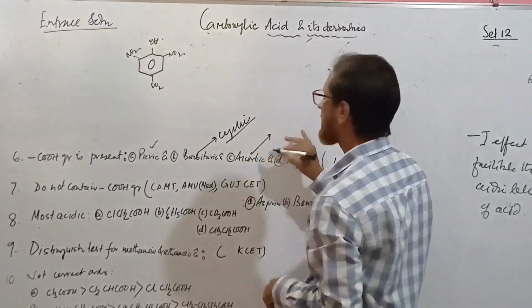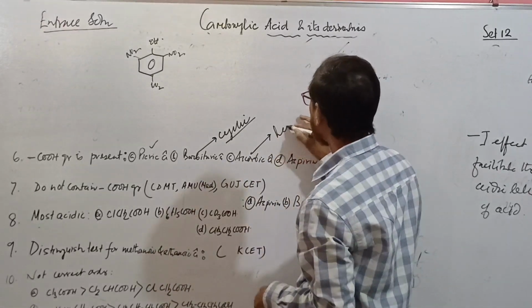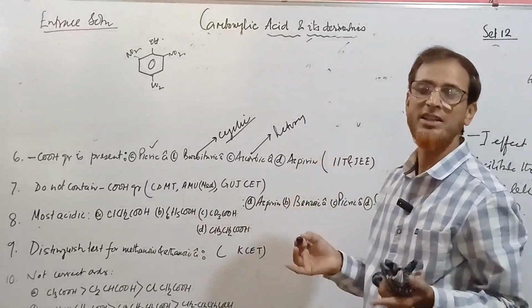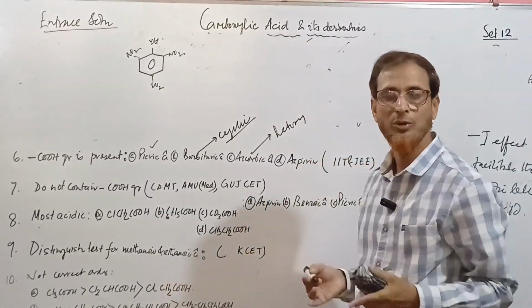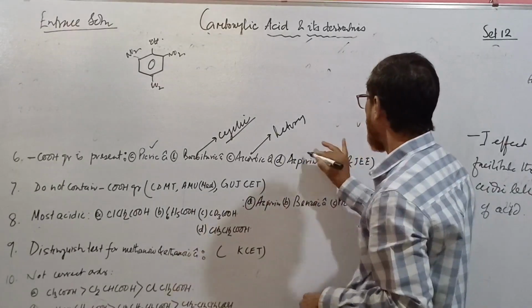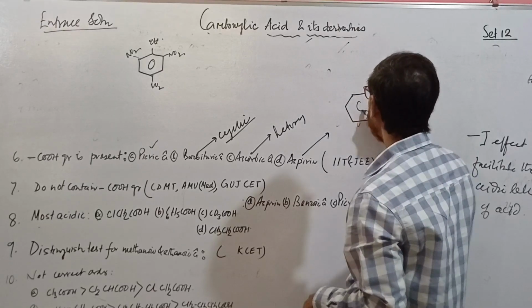And ascorbic acid is heterocyclic. The structure has a 5-membered ring and a few double bonds, and it is also not an aromatic compound. But when you come to aspirin, it is a very important compound.